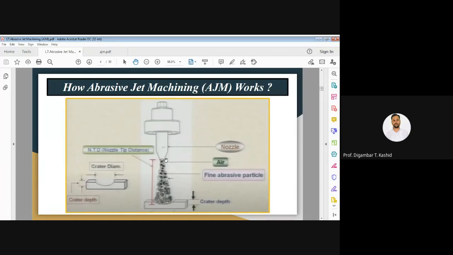The velocity at the tip when abrasive particles are coming out will be very high, 300 to 500 meters per second.